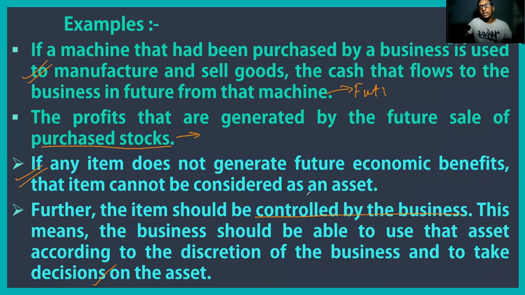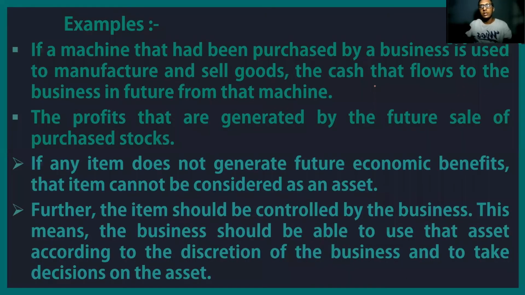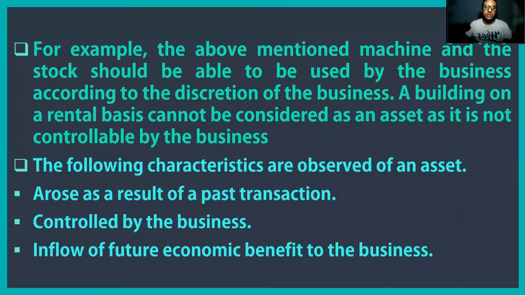Okay. All right. It's time to move to the next slide, I think. Again, we have an example. So let's quickly read it as well. For example, the above mentioned machine and the stock should be able to be used by the business according to the discretion of the business. All right.